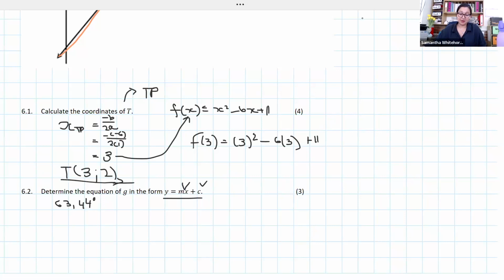I'm going to see if I can get my pen working. It is going to mean that I have to stop sharing my screen for a second. But I want you to quickly go and see, while I'm trying to figure this out, if you can work out this equation for our straight line. So 63,44.